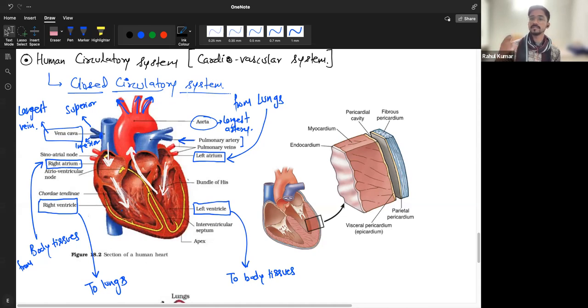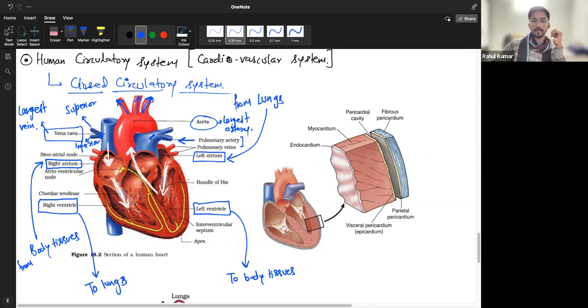The pulmonary artery takes the blood from the heart into the lungs, and write down, it is the only artery in the body which carries deoxygenated blood. That's why it's color coded as blue. So the pulmonary artery is the only artery that carries deoxygenated blood from the heart to the lungs.